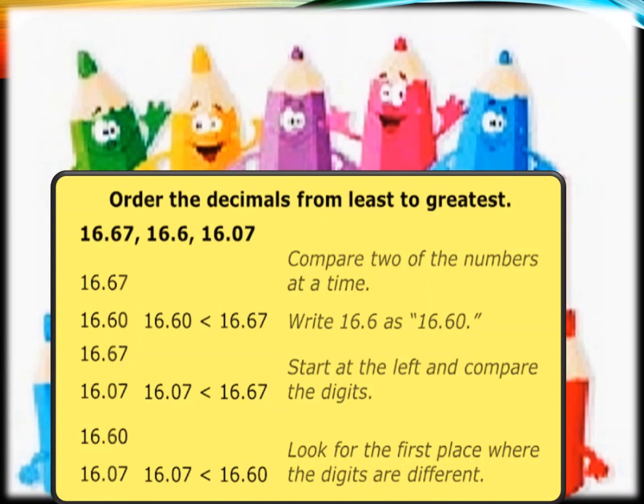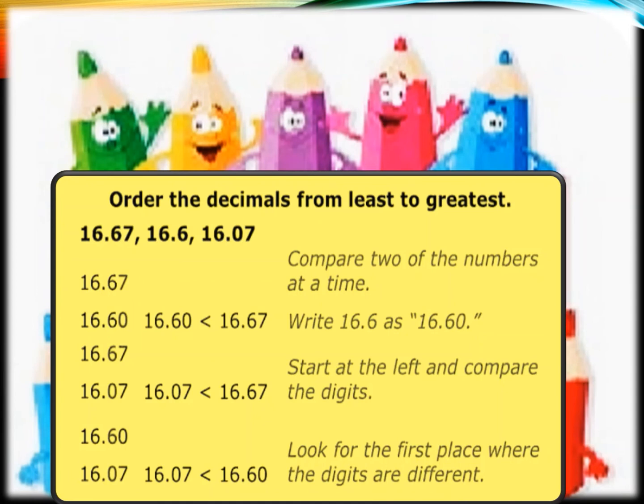So let us start with the tenths place. What is the tenths place? 6, 6 and 0. So which is greater? 6 is greater and 0 is smaller. So the least number is 16.07. Next, we have to convert into like decimals also. So one is 0.67 and another is 0.60.